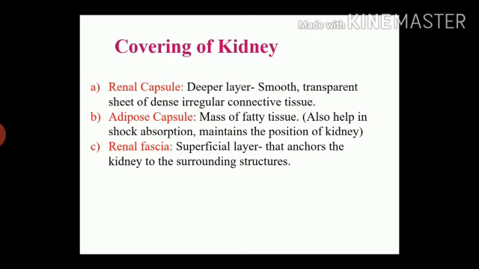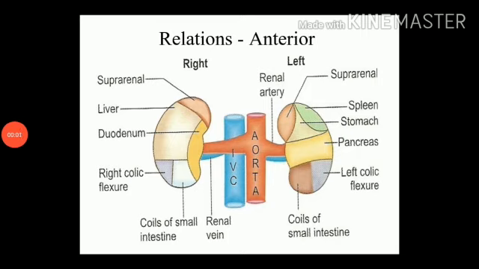The superficial layer is the renal fascia, which anchors the kidney to the walls of the back side of the abdomen, so that it retains its proper structure.